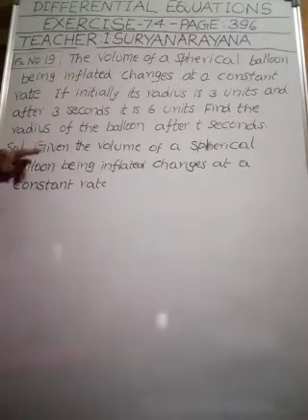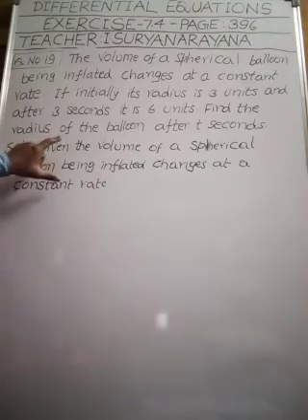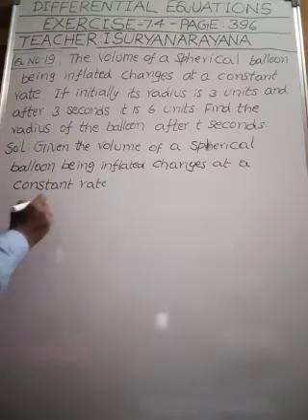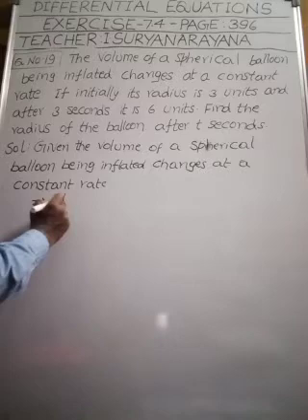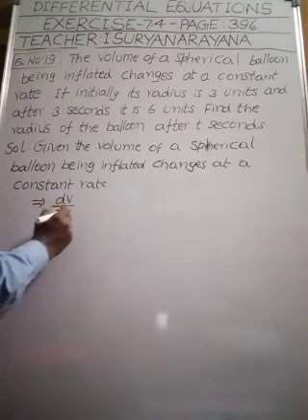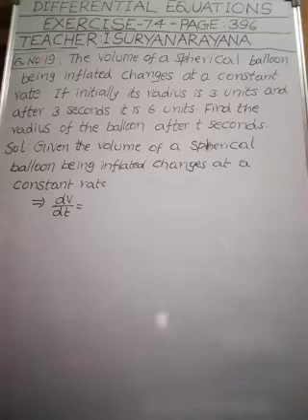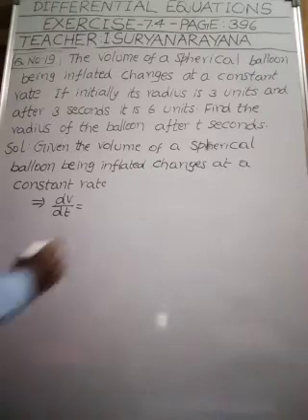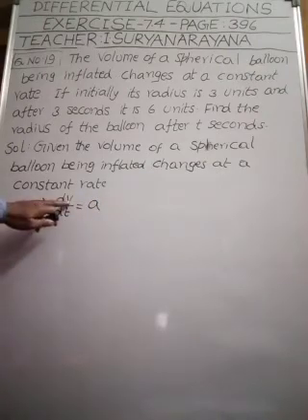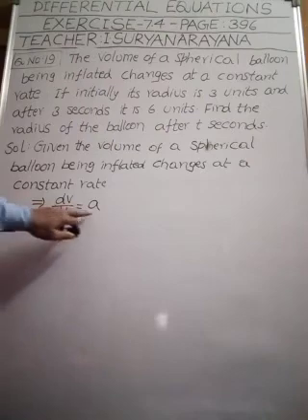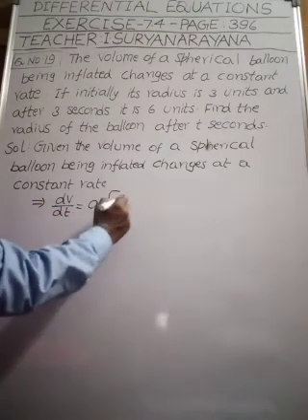Okay, my children. So let us write this sentence in the form of an equation. dV by dt, the rate of change in the volume. We have discussed that point. dV by dt is equal to A, because the rate of change in the volume is given as a constant, where A is a constant.